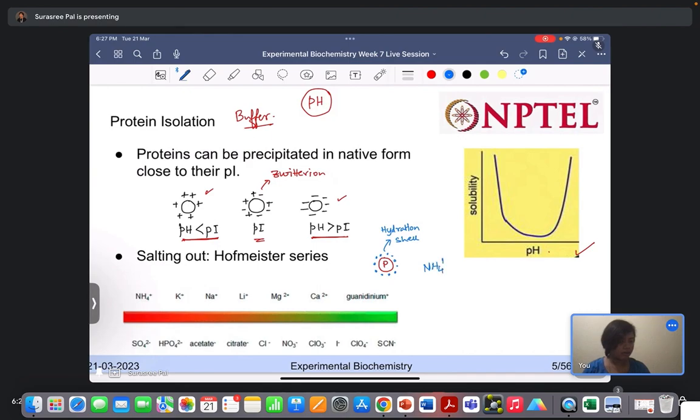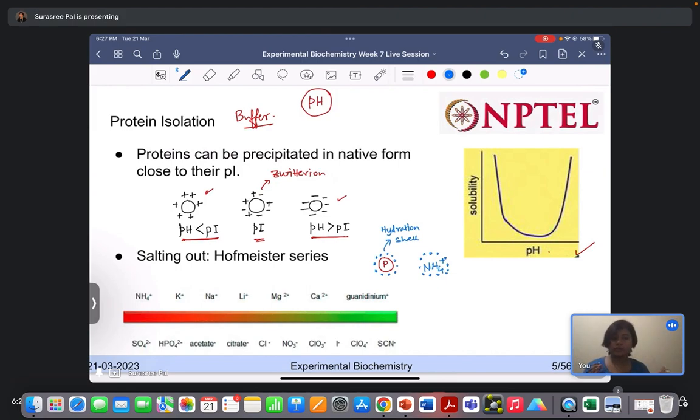suppose we add NH4 plus ion. Then when we keep on adding high concentrations of this NH4 plus, or ammonium ion, the water molecules also begin to form a hydration shell around it.